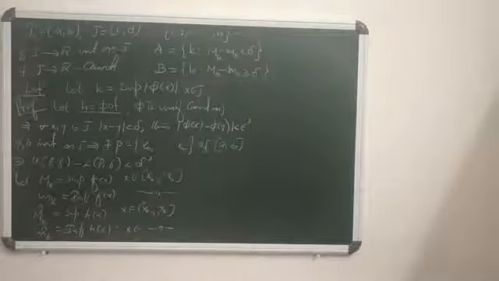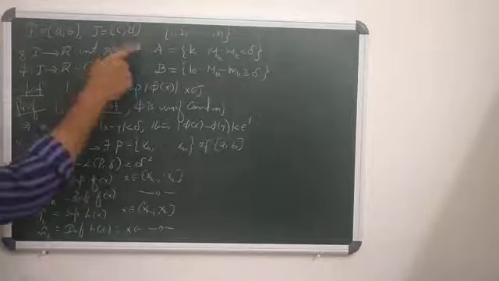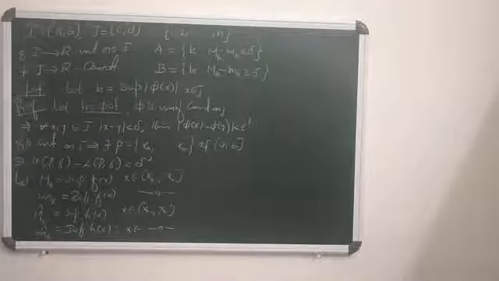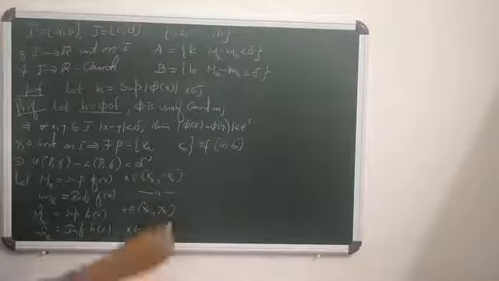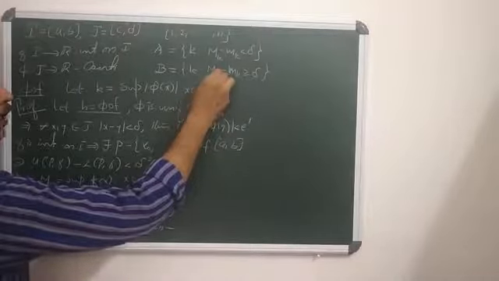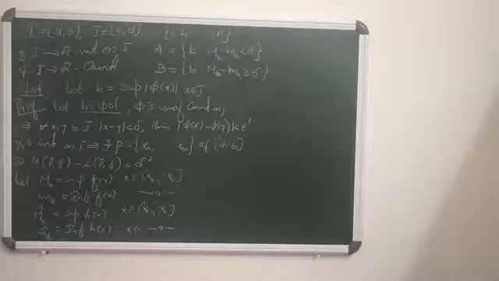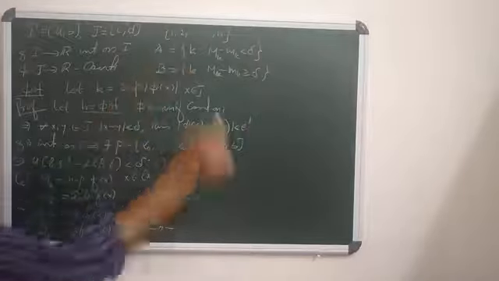You can divide the set 1, 2, 3, up to n into two mutually disjoint subsets, A and B. Clearly, A intersection B is empty. They are mutually disjoint, but A union B is the given set 1, 2, 3, up to n.